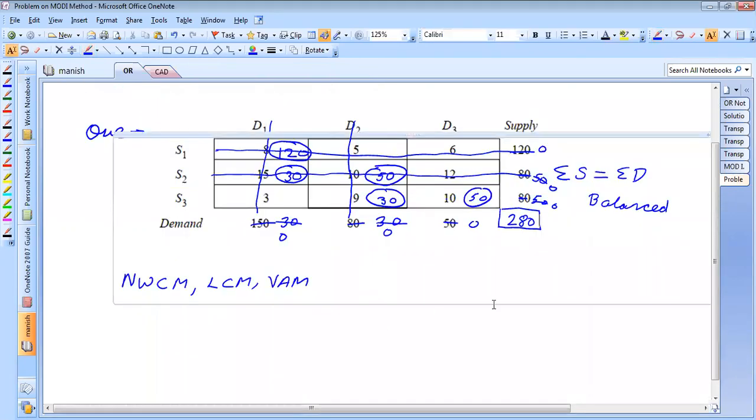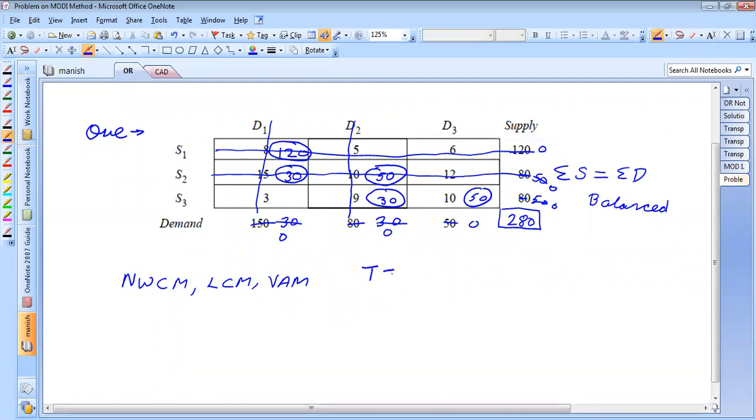If I see the cost of transportation T, it will be equal to what? Cost of transportation will be equal to 50 plus 10 into 50 plus 9 into 30 plus 10 into 50. So what is the total cost of transportation?